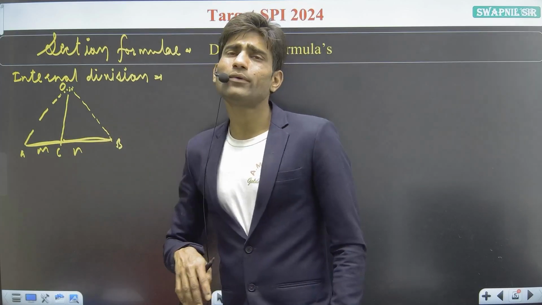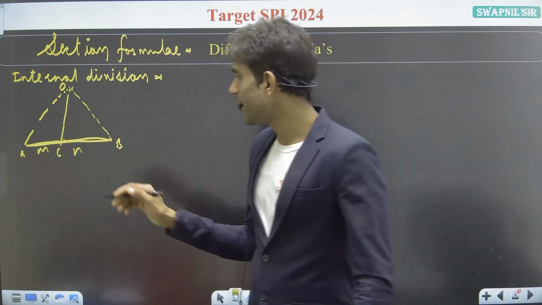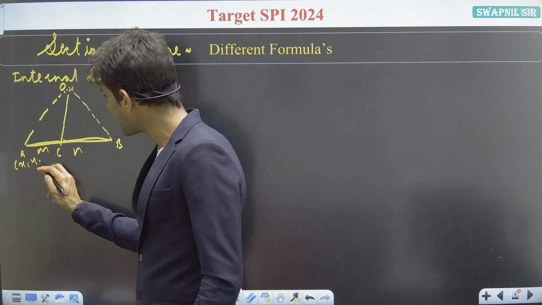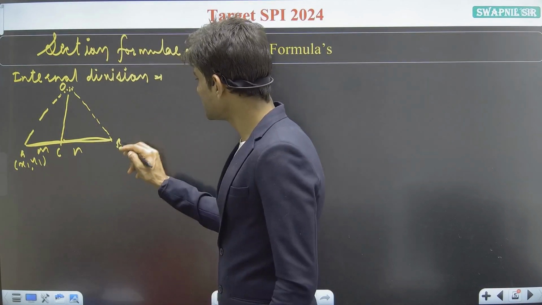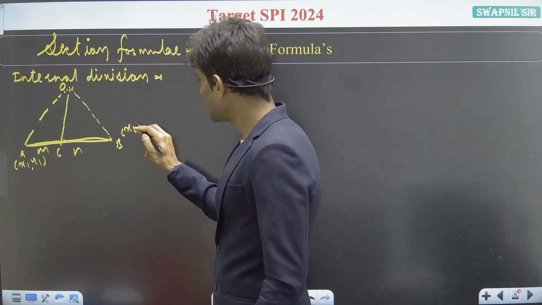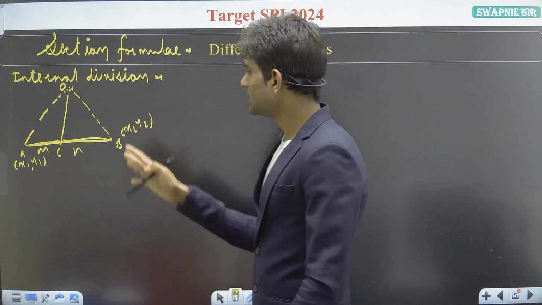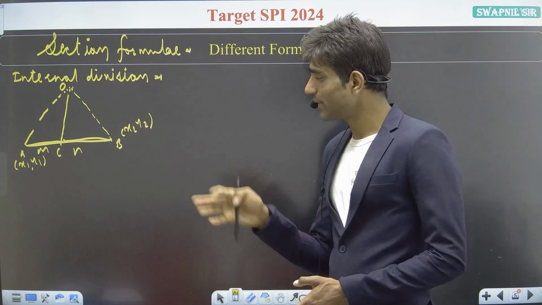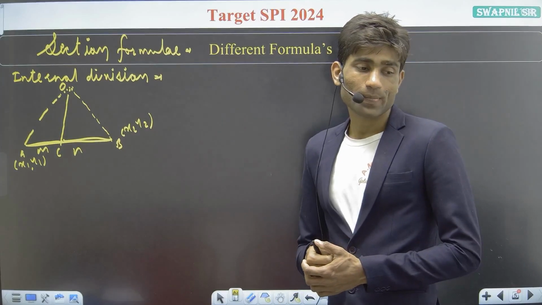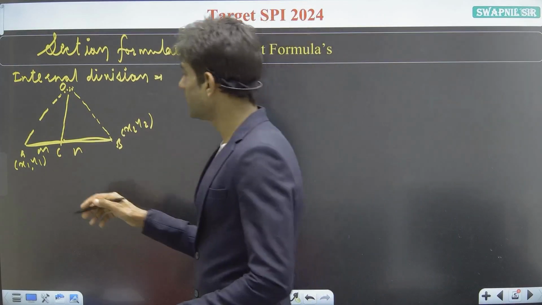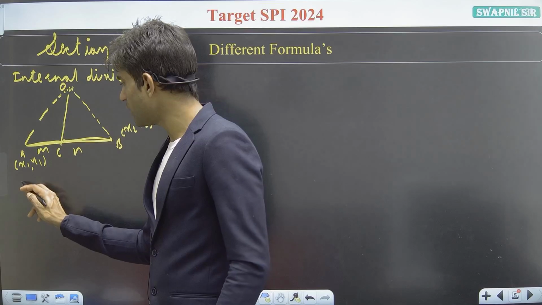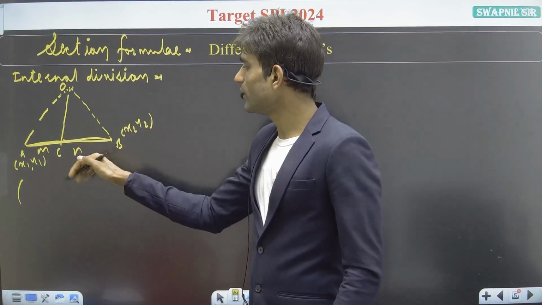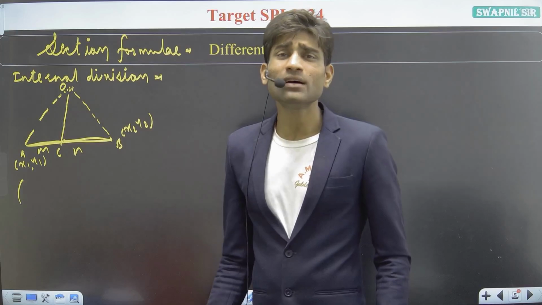Then the section formula for two coordinates: let's consider A having coordinates x1, y1 and B having coordinates x2, y2. The third point C divides our line segment internally. Now for the section formula for internal division, for the x and y coordinates, we write a cross multiplication of our ratio with the coordinates.